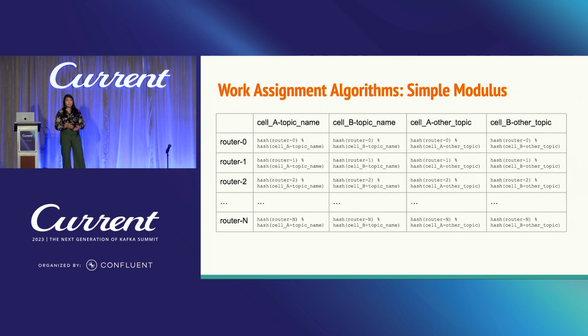For the routers, this task name is going to be just a concatenation of the source cluster and the source topic. And it's going to run that calculation for all of the tasks, all of the topics, and then it's going to claim the one for which that calculation is the highest, and then every router performs that calculation.